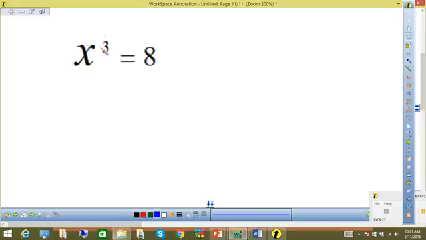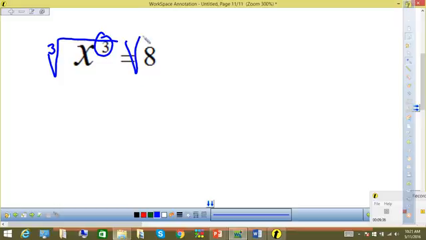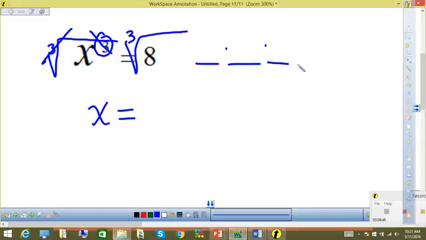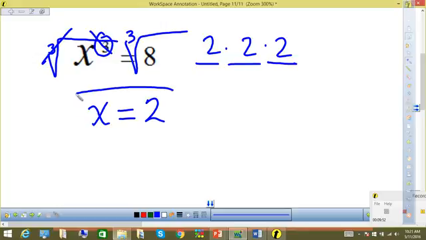To cancel this, we take the cube root, and it's written like that. Cube root of this and cube root of this. That means this cancels this. We're left with x equals. Now this one, look, what number times itself 3 times gives me 8? 2 times 2 times 2, so the answer is 2.